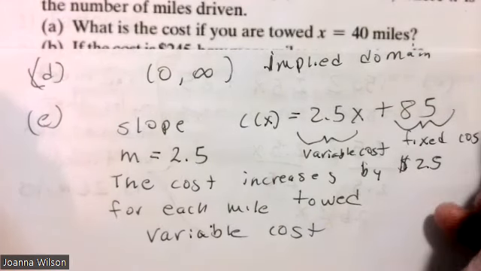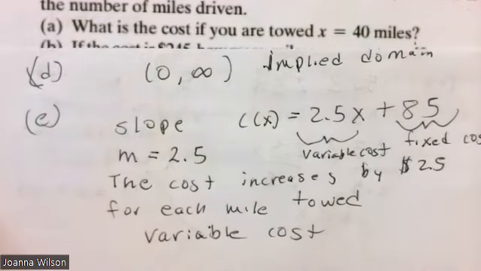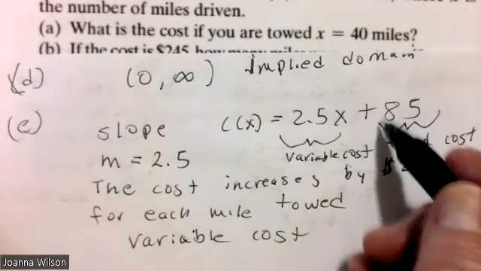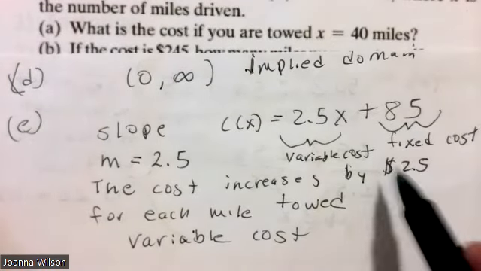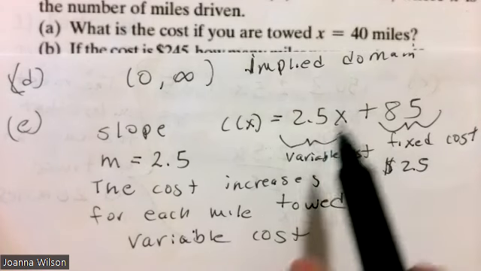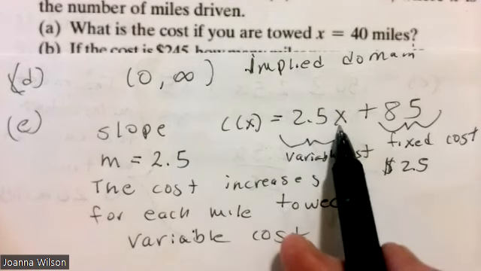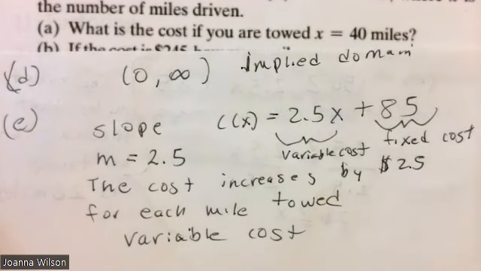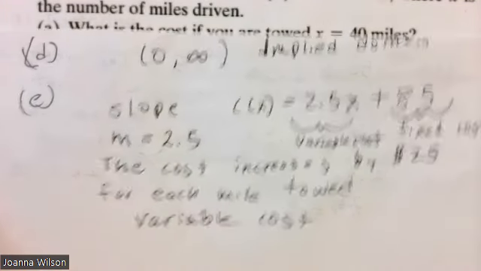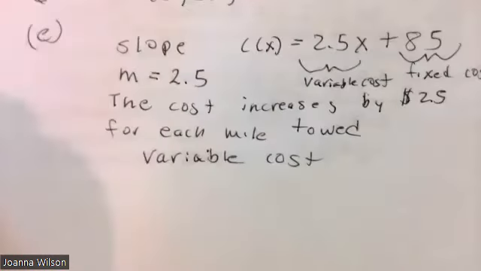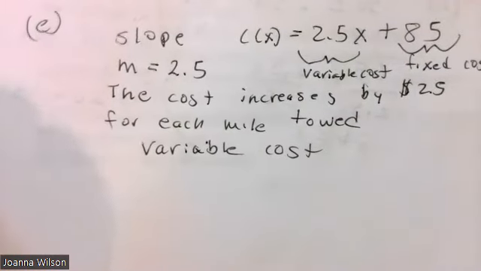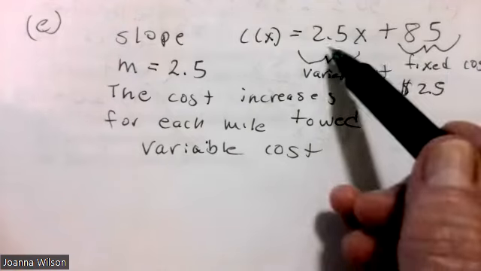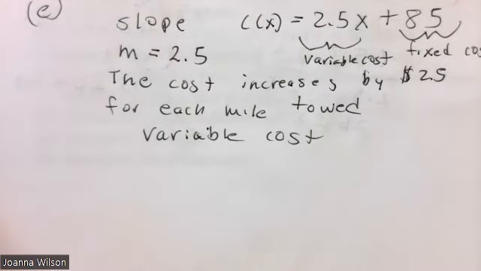So no matter how many miles you are towed, you still pay this $85. So even if you were towed less than 1 mile, you still have to pay the 85 plus 2.5 of whatever percentage of the mile you were towed, assuming they would do that and not just charge you $85.